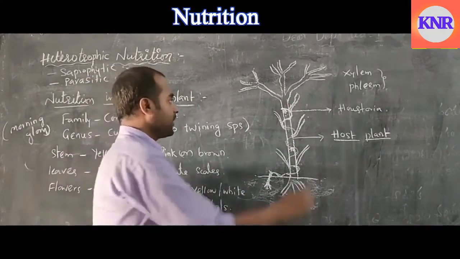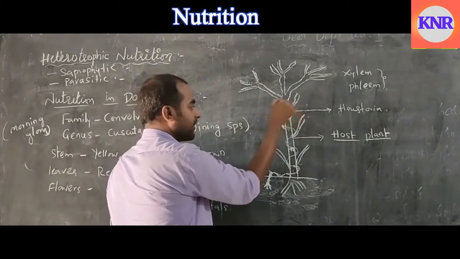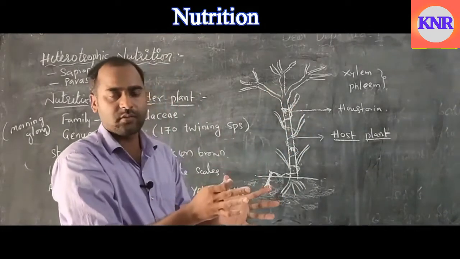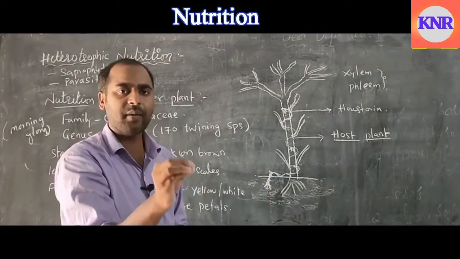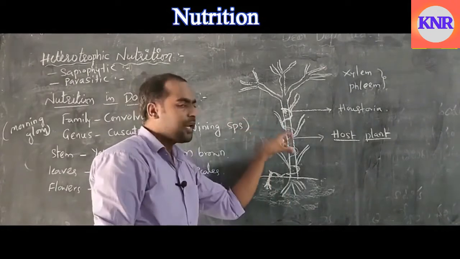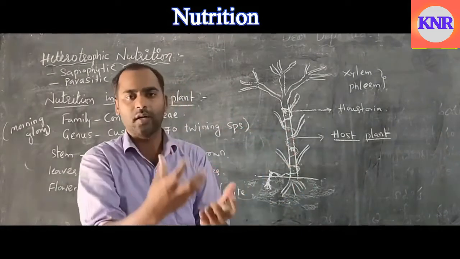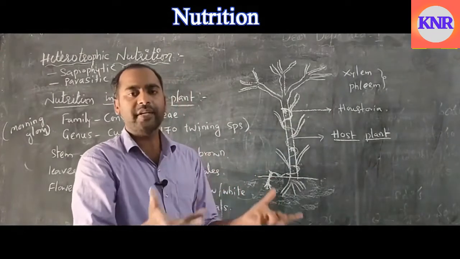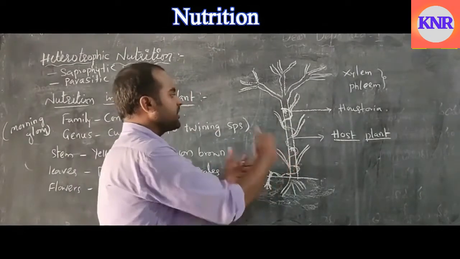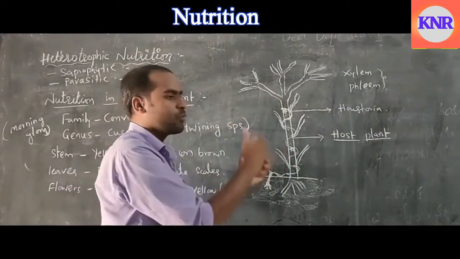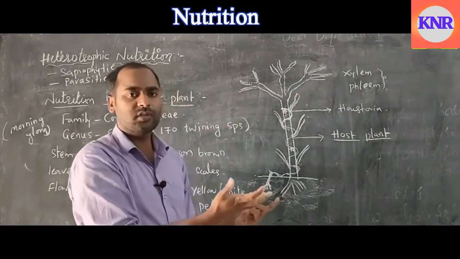So through this Haustoria, this guest plant, the parasitic plant, does something very interesting. It penetrates its roots, the Haustoria, into the xylem and phloem of the host plant. From the xylem of the host plant it absorbs water, and from the phloem it absorbs nutrients. Whatever it needs, it gets from the host plant. So there is no need for that plant to perform photosynthesis.